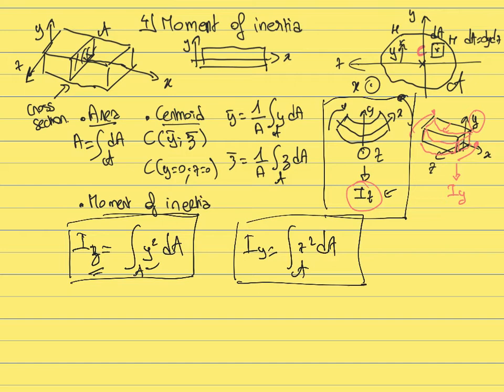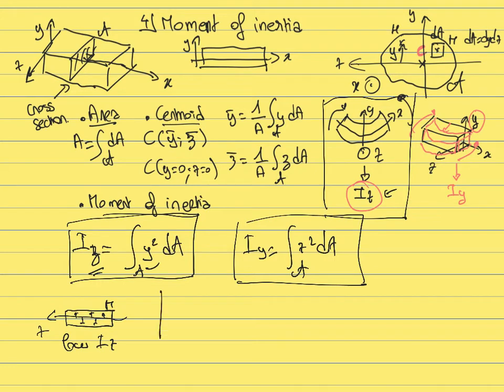For example, if you take a beam that is elongated like this, and in this case you have the z-axis like this, then on average most of the points belonging to this cross-section have a pretty low distance from the z-axis. So that would be an example of a beam with a low moment of inertia about z.